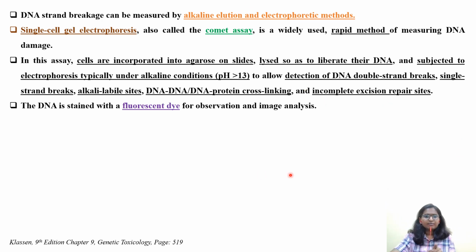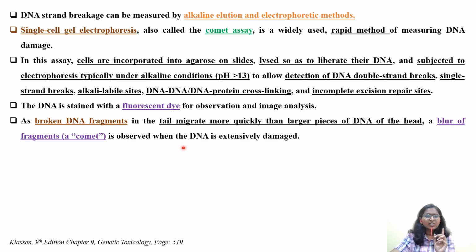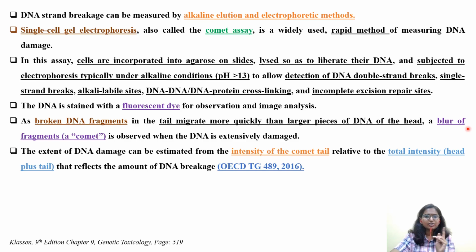So the Comet assay can also be used to identify this kind of damage. The DNA is stained with a fluorescent dye, that's why in the first picture you can see the green colored dye for observation and image analysis. Broken DNA fragments in the tail migrate more quickly than the larger pieces of DNA in the head. A blur of fragments, a comet, is observed when the DNA is extensively damaged. That migration you have seen in the first picture.